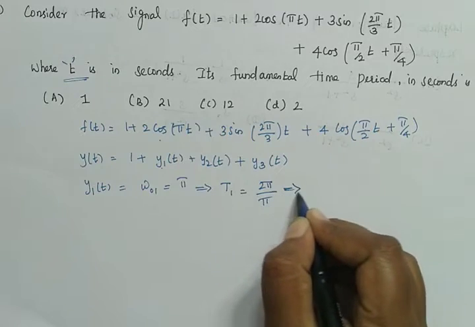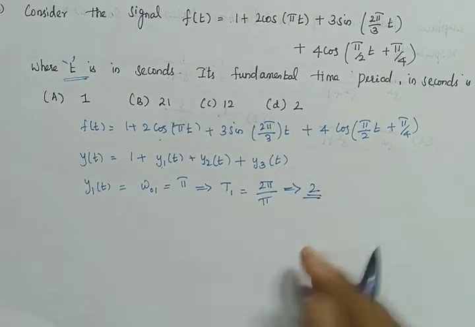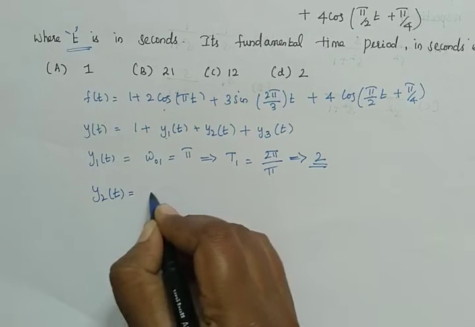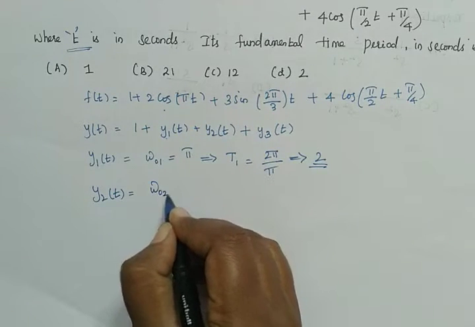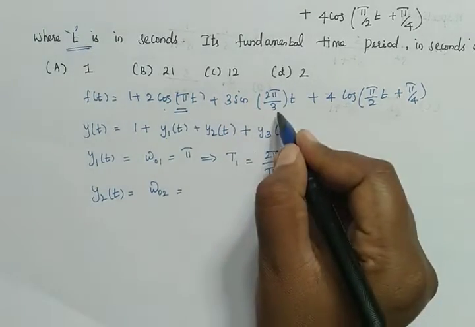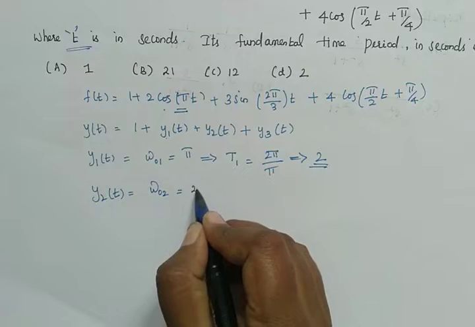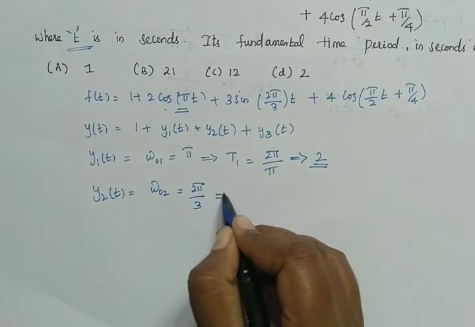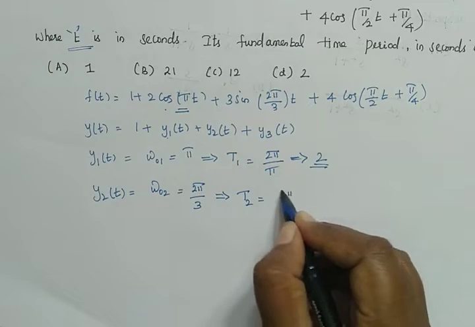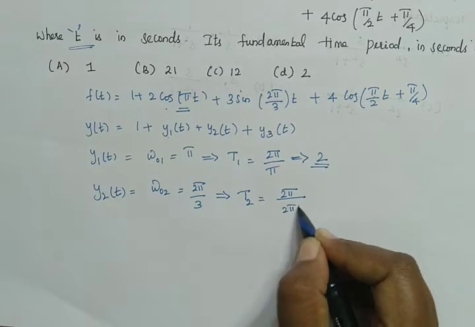Therefore we will get 2 for y1. Now what is y2 of t? Let us take fundamental frequency 2, which is equal to 2 pi by 3. Now what will be our time? T2 will be equal to 2 pi by 2 pi by 3.